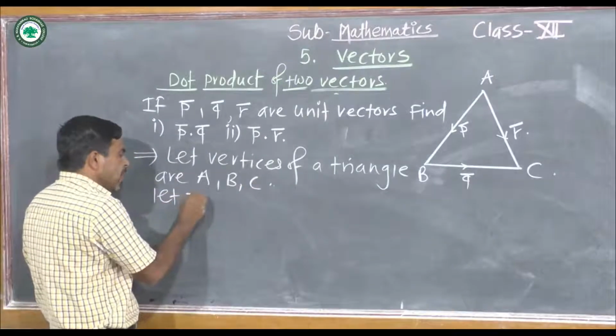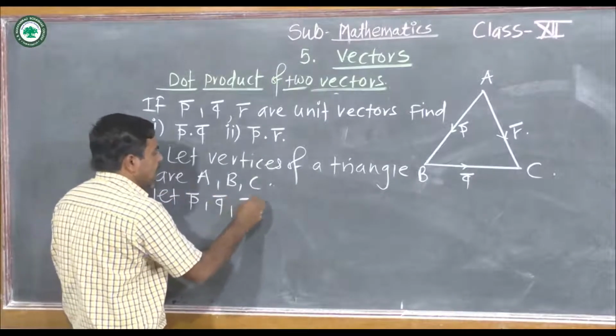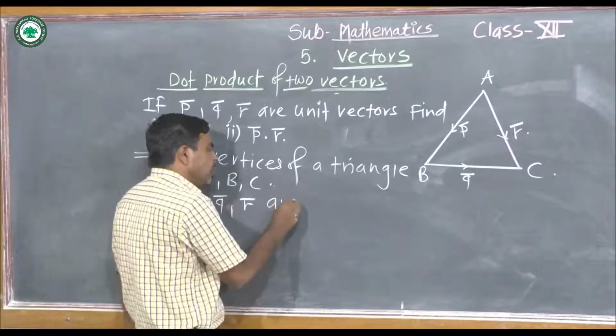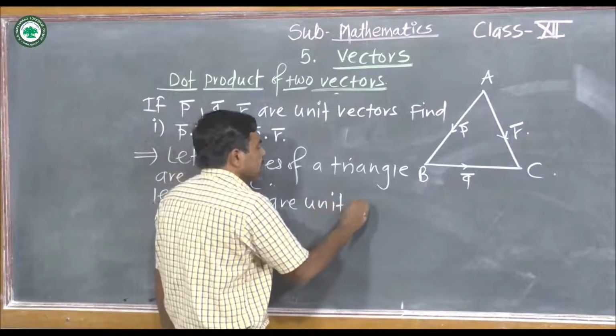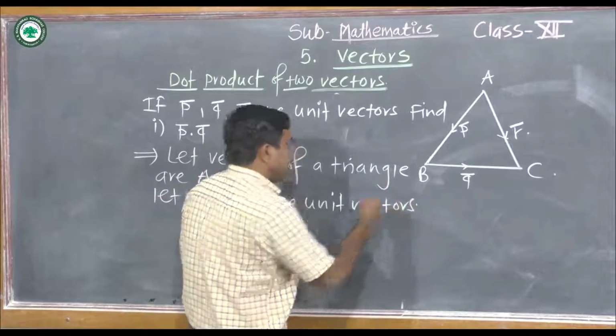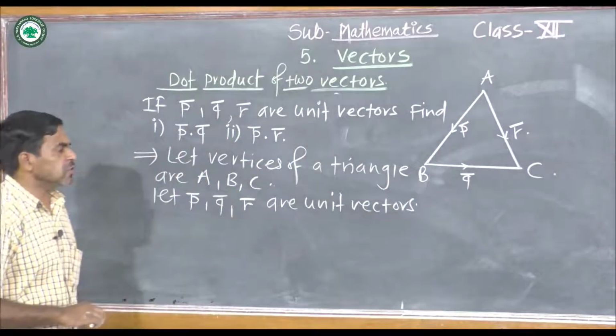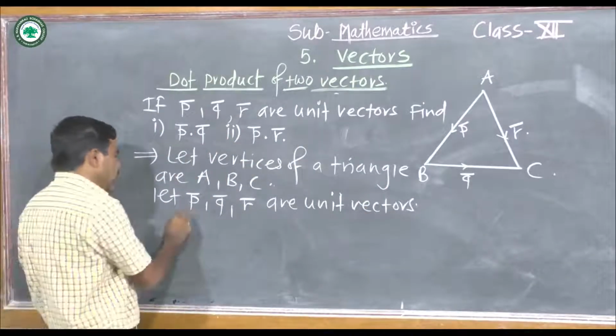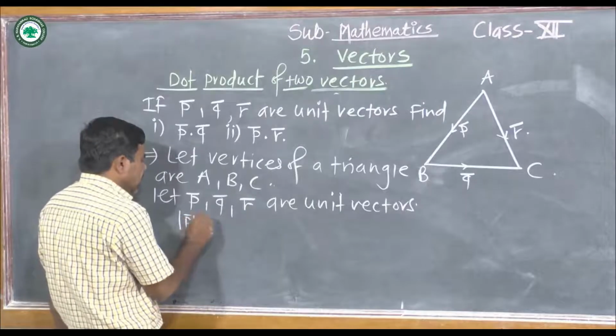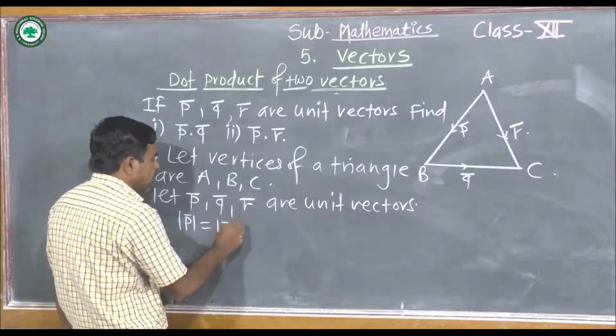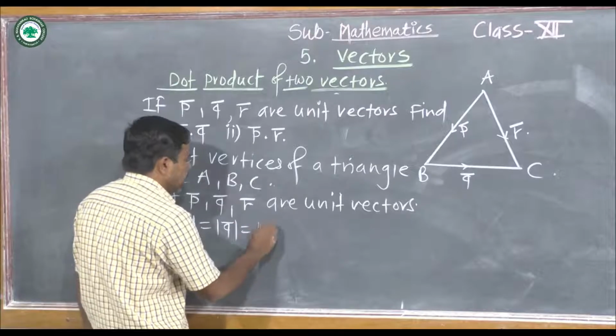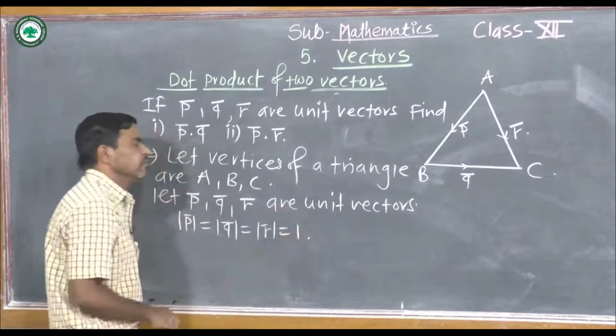Let small p bar, q bar, r bar be unit vectors. You know that unit vectors means their magnitudes are 1. So magnitude of vector p is equal to magnitude of vector q is equal to magnitude of vector r is equal to 1.